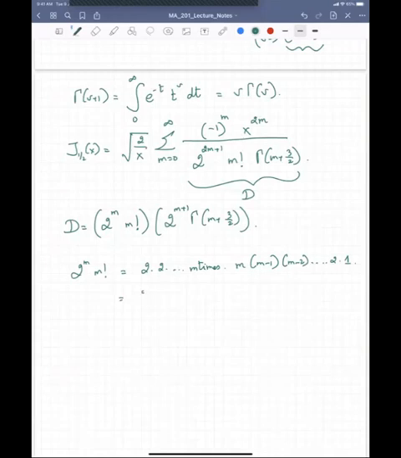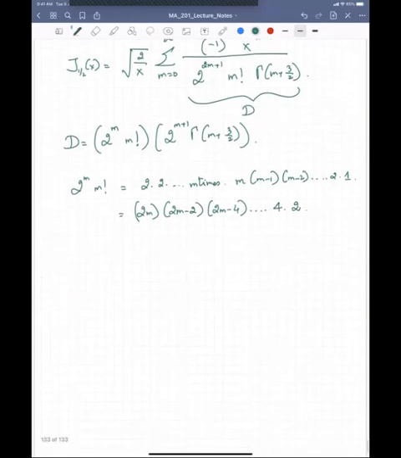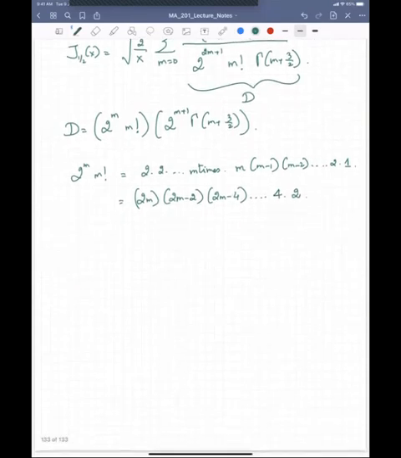So I'll call this 2m times 2m minus 2, 2m minus 4, so on and so forth, all the way till 4 times 2. This is the first part of the denominator. Now, admittedly, this looks a little more unwieldy than just writing it as 2 to the m times m factorial. But in 1 second, you will see that this whole thing collapses to something simpler.